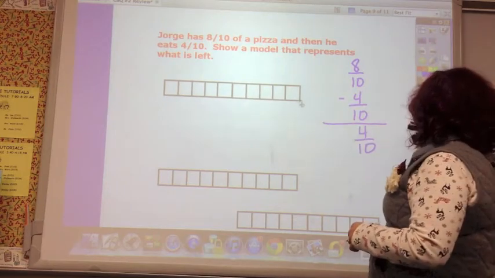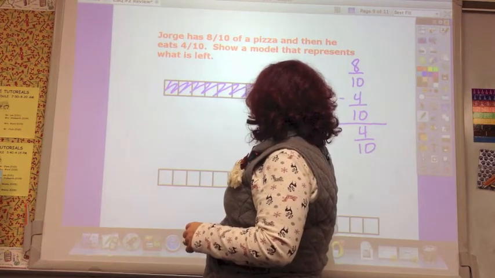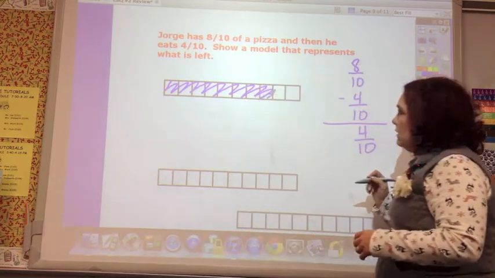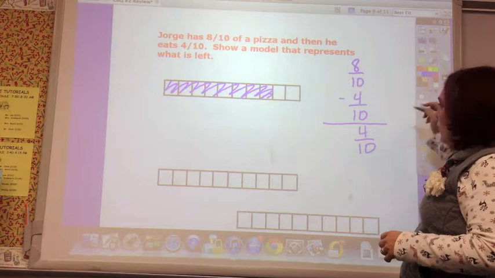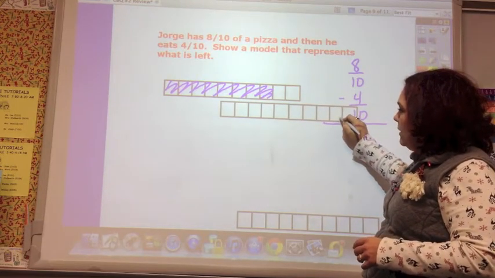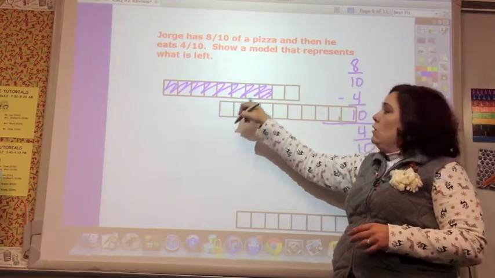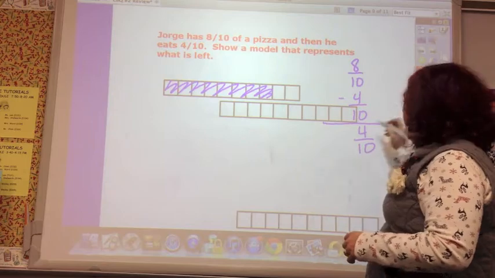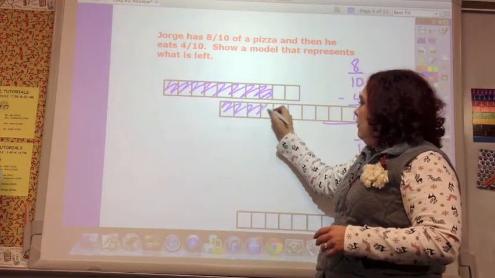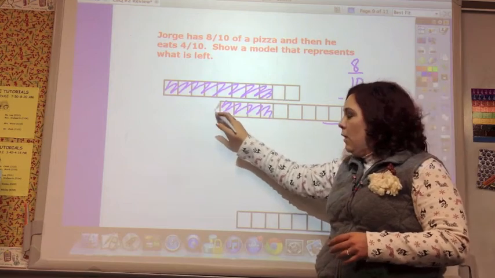So we have the first model, and we show 8/10. That shows 8/10. Then our second model, we needed to show going 4/10 back from what is there. So you start with the 4 parts back, and it's showing this is here, this is taken away.